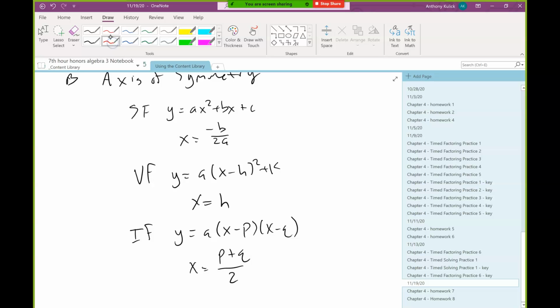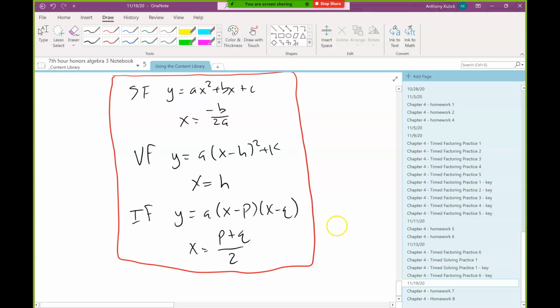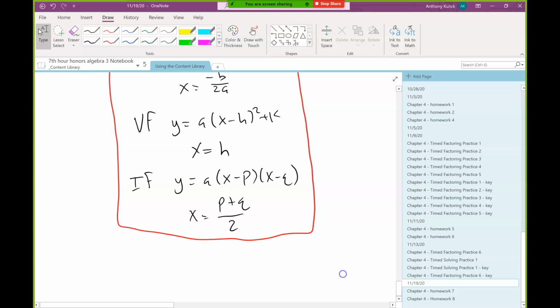So these are important formulas. You'll need these, so you'll want to make sure that you highlight them in your notes in a way that'll be easy to come back and find. I put a little red box around mine so it'd be easy to come back and find them.